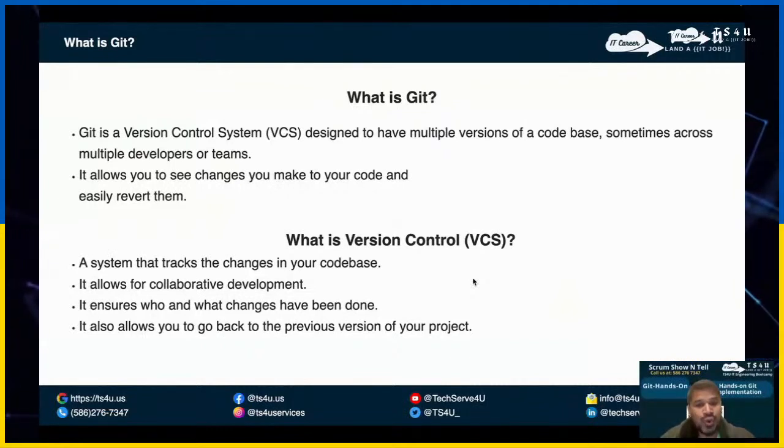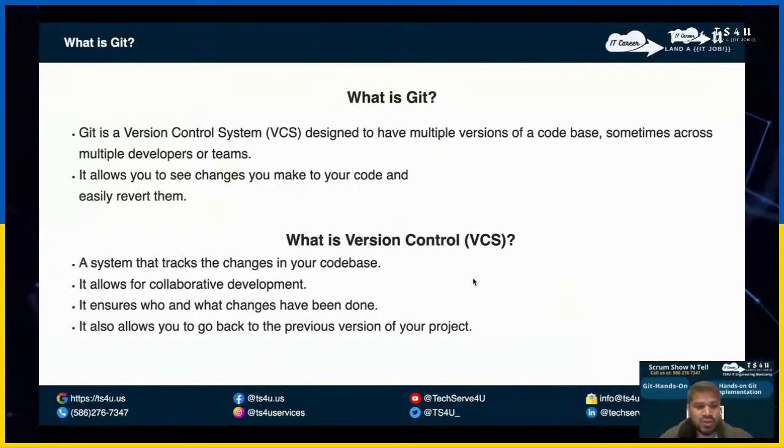So Git tracks and manages code, and gives many features and functionality. It allows you to see the changes you make to your code and easily revert them. Revert means you make some changes and you can remove them as well, or you make changes that make a mess for other people, and you can revert it back.